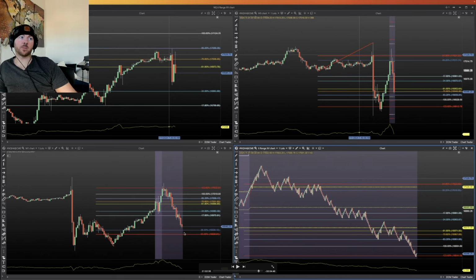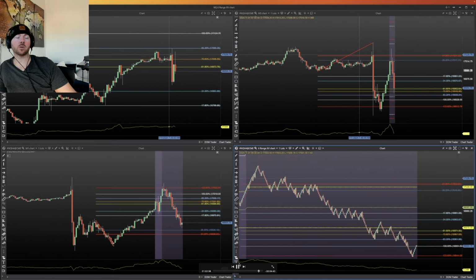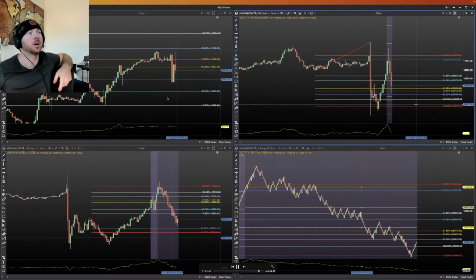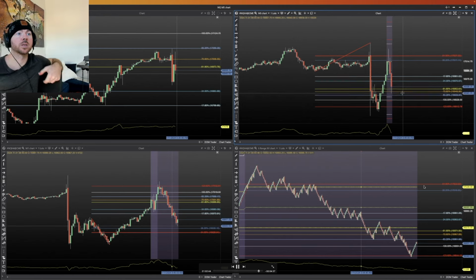If it's the first time it's coming back down to the kickback area, they'll usually give a pretty good reaction. Just don't expect it to be a full reversal, but usually good for a scalp.